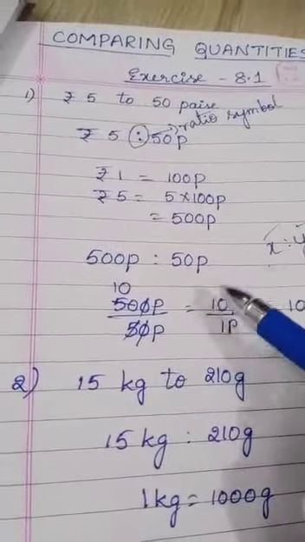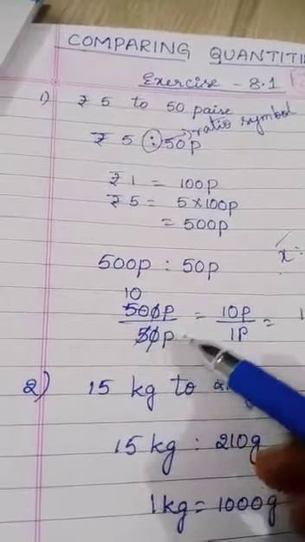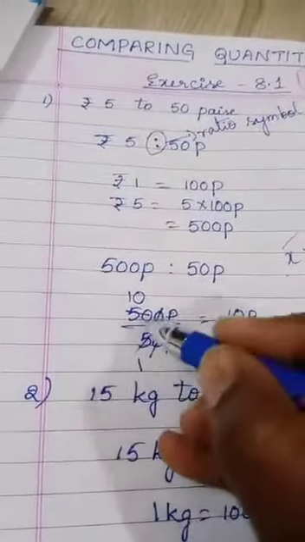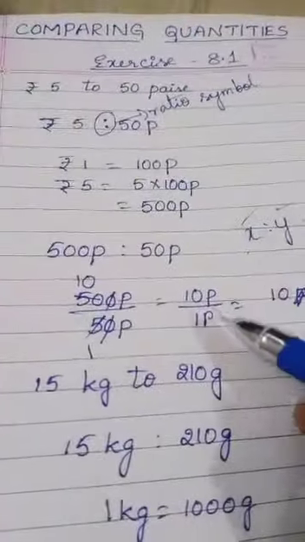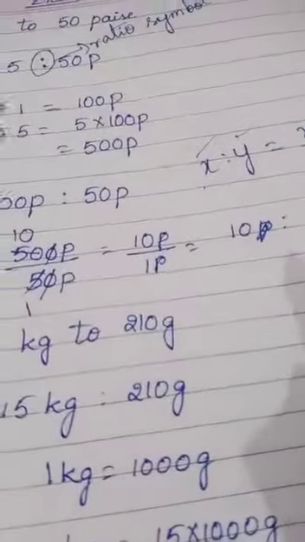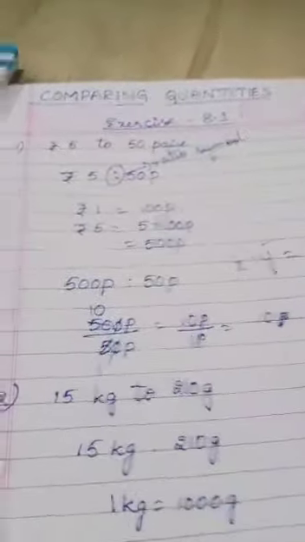If you do the cancellation, 0 and 0 get cancelled and 5 and 50 remain. 5 ones are 5 and 5 tens are 50. The answer will be 10 by 1. The 1 is no need to mention here, but the answer is 10 is to 1. The ratio of these two quantities is 10 is to 1.